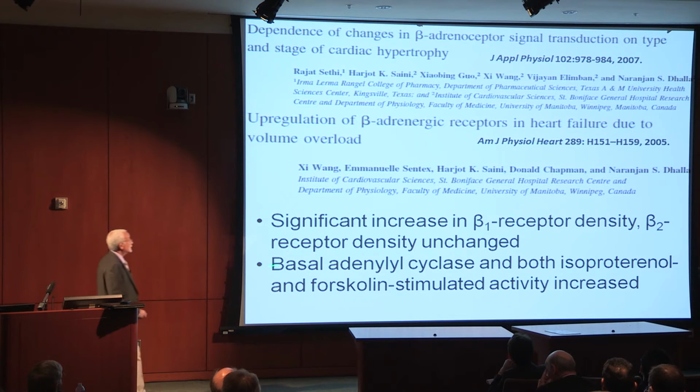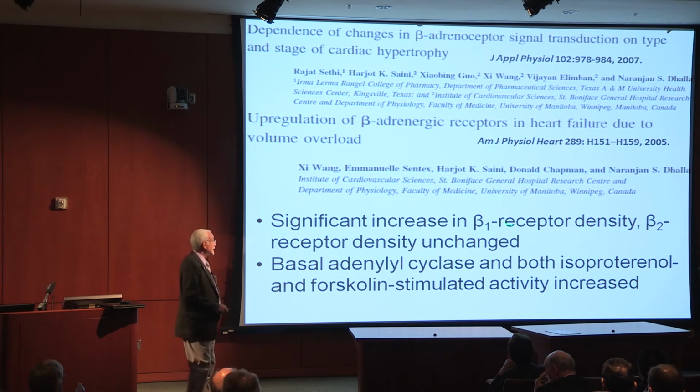looked at beta receptor density in these animals at all those stages. And there's a significant increase in beta-1 receptor density, while beta-2 receptor density was unchanged. And basal adenylate cyclase and both isoproterenol and forskolin-stimulated activity increased.